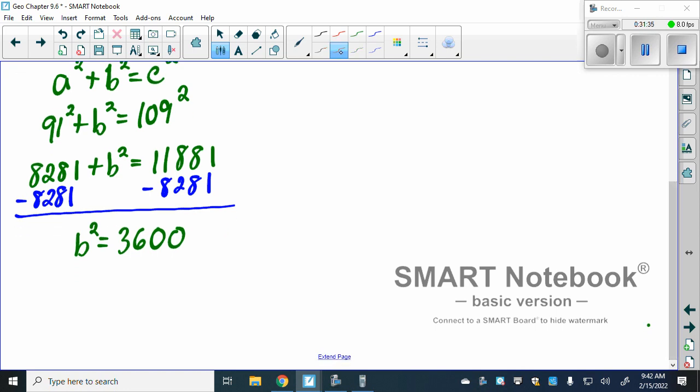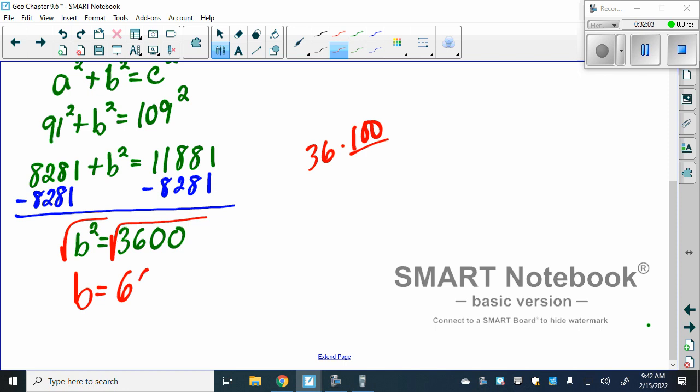So let's see if y'all can do this without a calculator. So what's the square root of 36? So 36 times what is 3,600? Would be 36 times 100, yes? What's the square root of 36? The square root of 100.